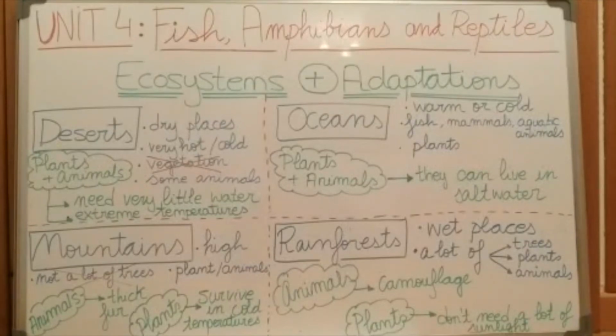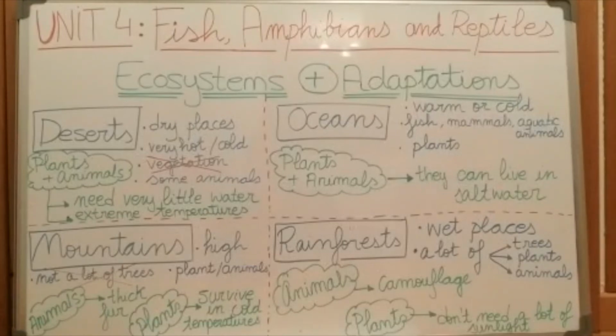I want you to talk about the different ecosystems that we can find on our planet, the Earth. On our planet, we can find four main types of ecosystems. We have the deserts, the oceans, mountains, and the last ecosystem is the rainforest.